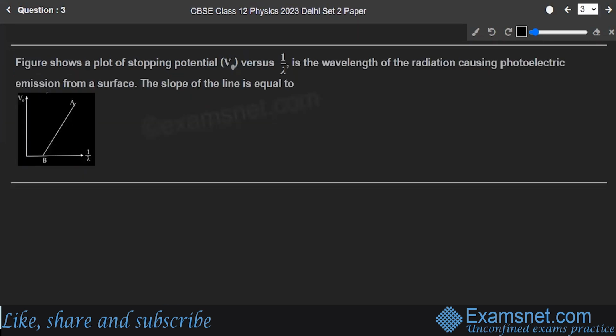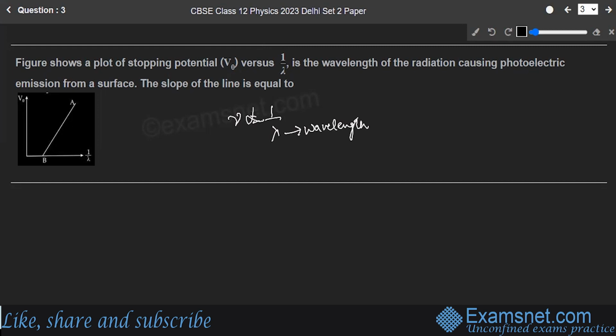Figure shows a plot of stopping potential V naught versus 1 upon lambda, where lambda is the wavelength of the radiation causing photoelectric emission from a surface. The slope of the line is equal to. See, whenever you know that frequency is equal to 1 upon lambda, frequency is inversely proportional to the wavelength.